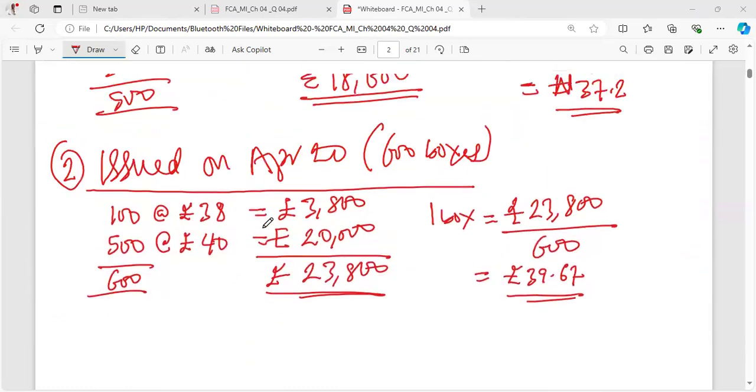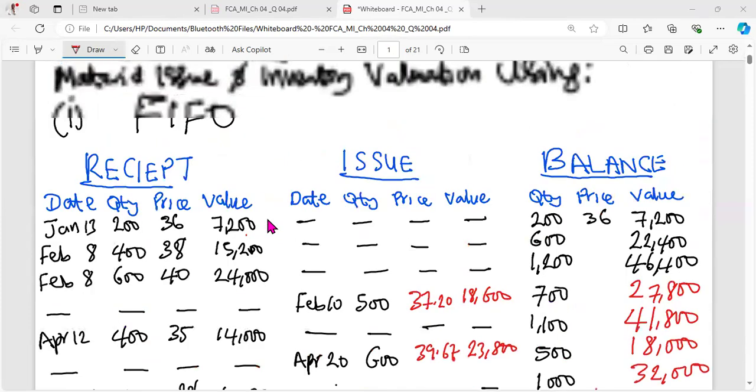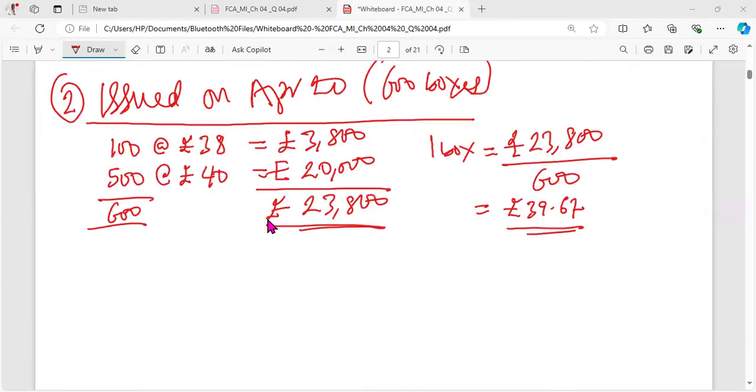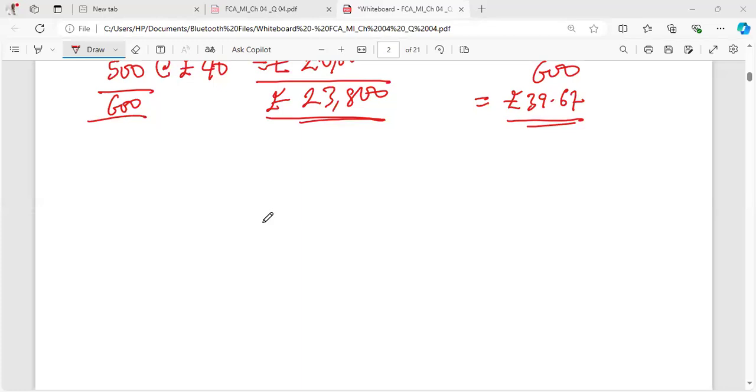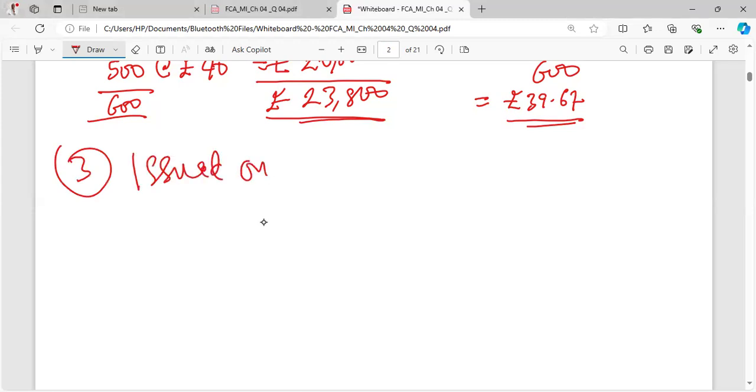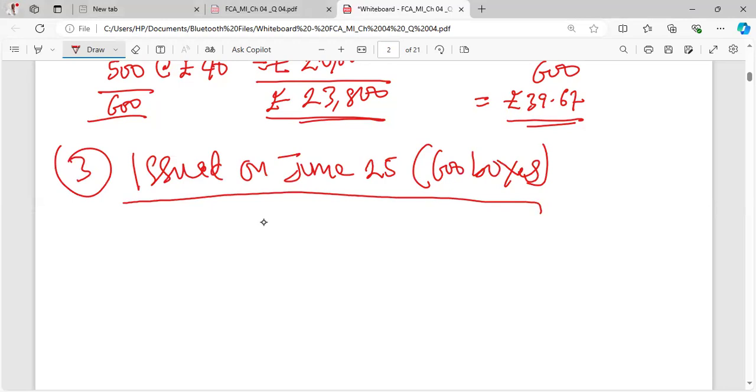So issued on June 25. That's workings 3. Issued on June 25, that's 600 boxes. So we had 100 left at £40.